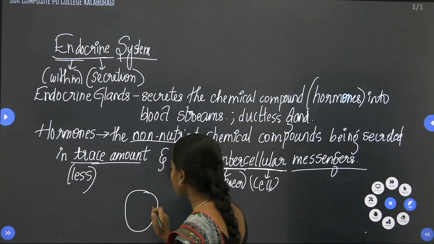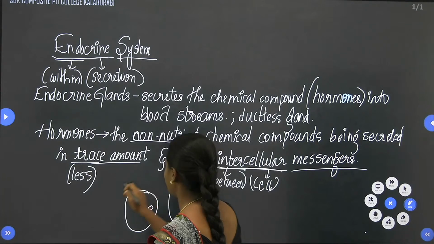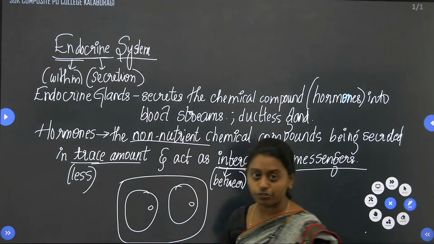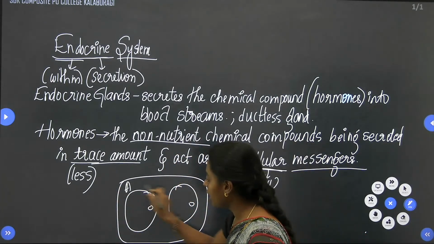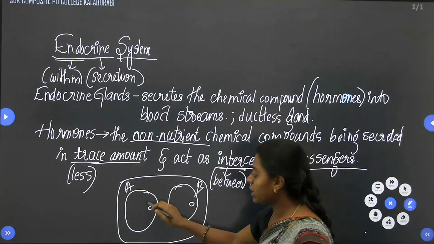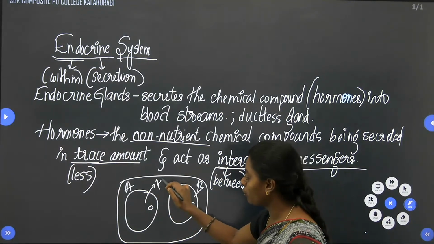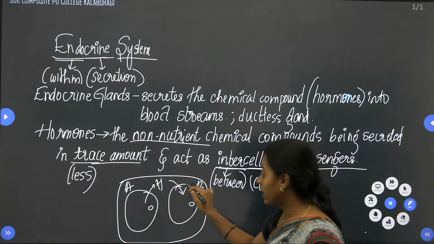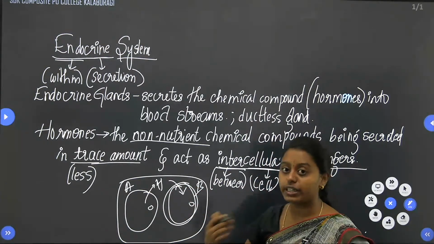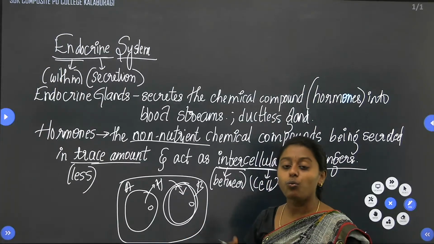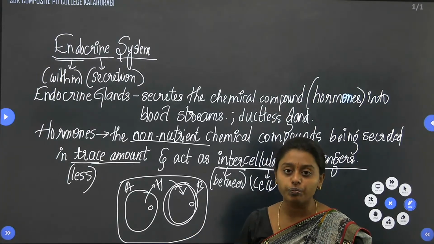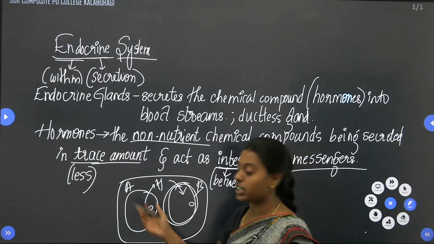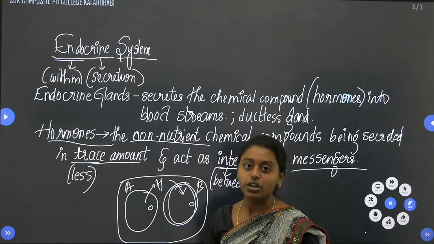For example, in a given tissue, if we consider a cell A and a cell B, if cell A produces a hormone, that hormone can reach cell B and tell it what function it has to do. This functioning is done by the hormones.